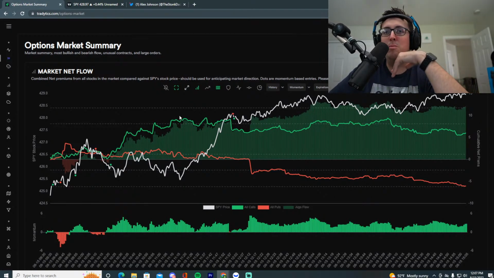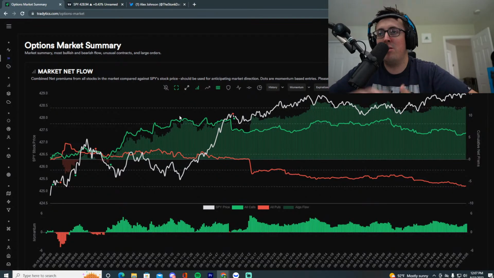I don't really care about patterns. I do care about zones, support and resistance zones, and trends too. But patterns, I got into that a lot, but I feel like they're not as effective as data can be.